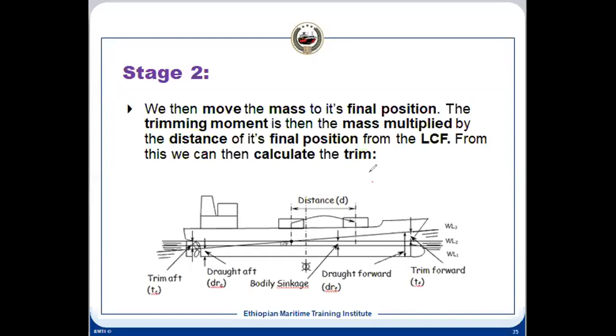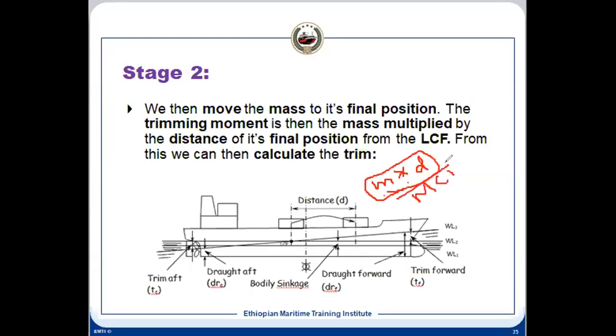It means m multiplied by d. Now the mass is already on board the ship, so we can use this formula. This is the trimming moment because of the mass movement. The trimming moment, if we know it, is divided by the MCT 1 centimeter.